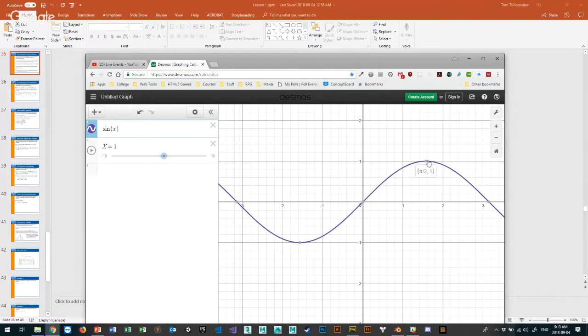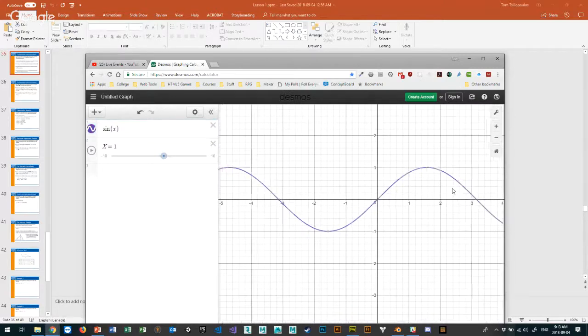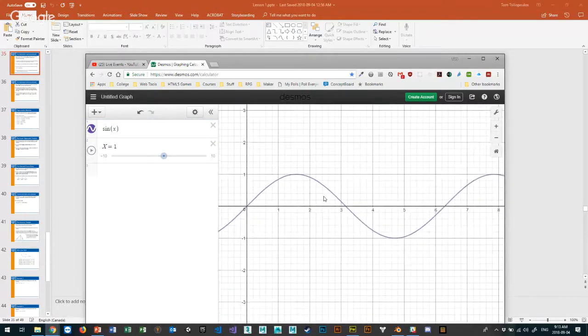So that means this whole arc from the origin all the way to where it intersects with the x-axis is pi. And knowing this, if you look at this part of your graph, from the origin till it intersects again down here, that is pi.